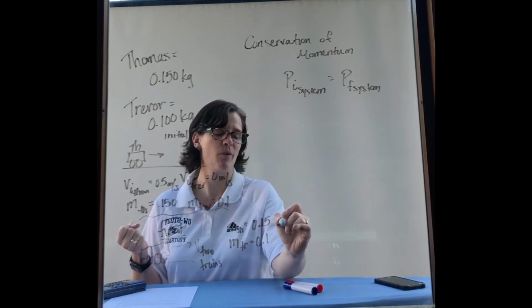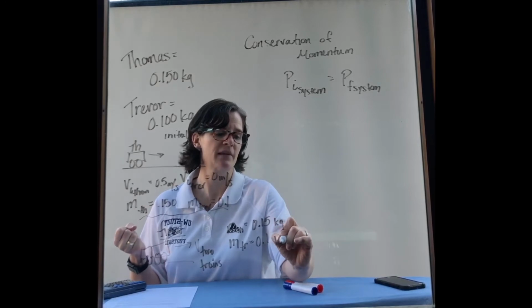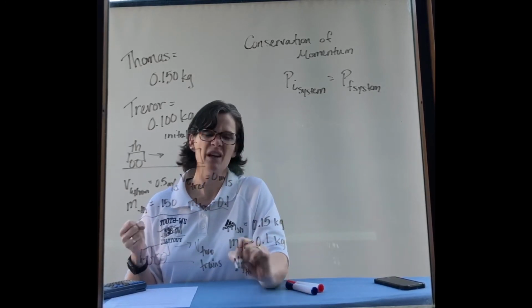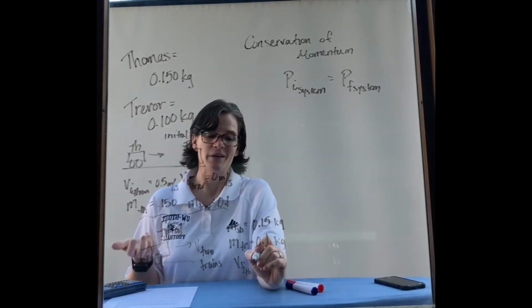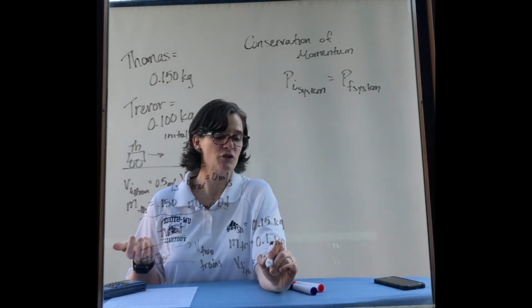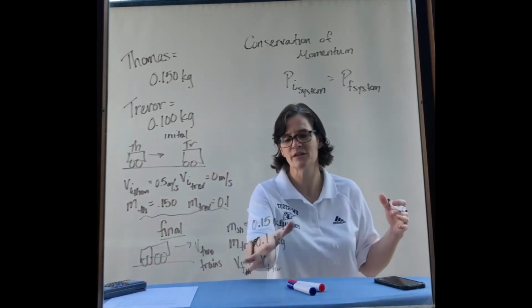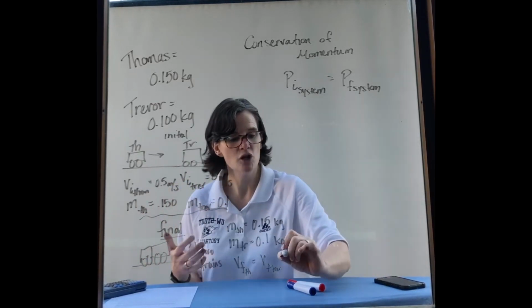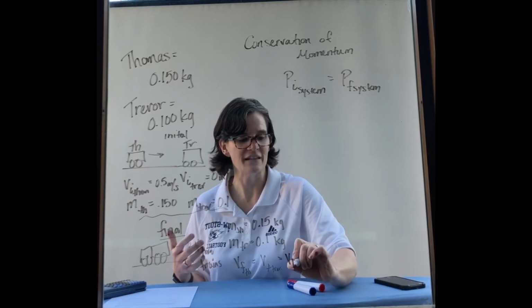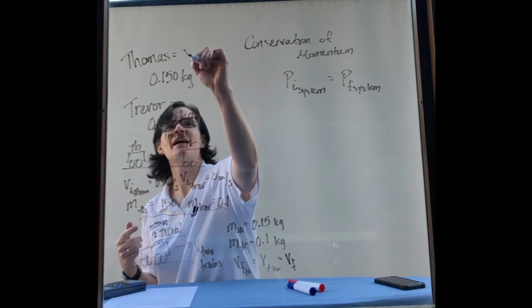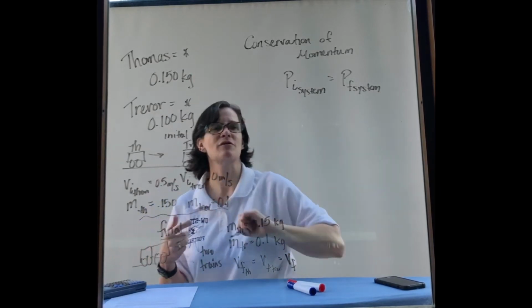He's still 0.1 kilograms. The final velocity of Thomas, well, we don't know that. We don't know the final velocity of Trevor, but since they are moving off together, those final velocities are the same. So we're just going to call them V final. All right, so we've identified our system as Thomas and Trevor.